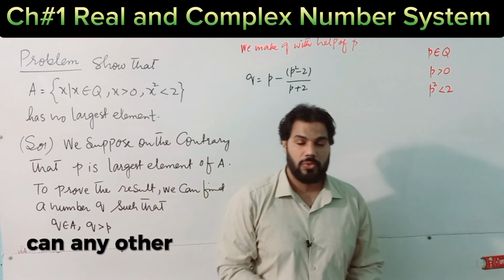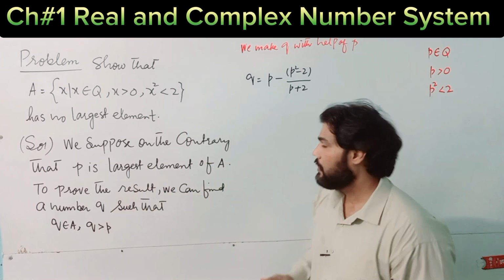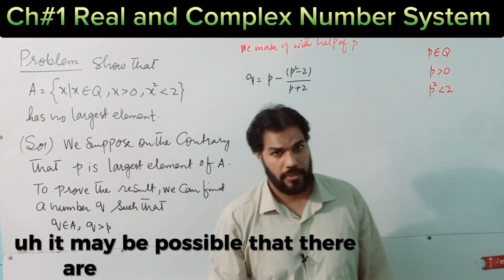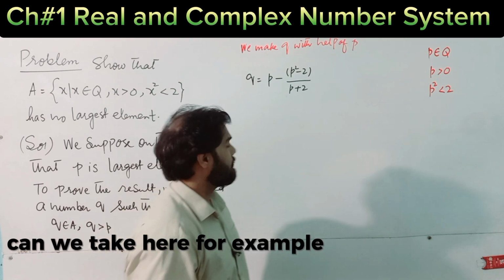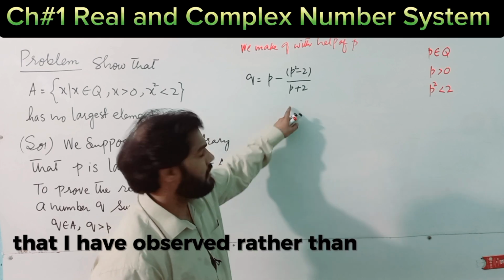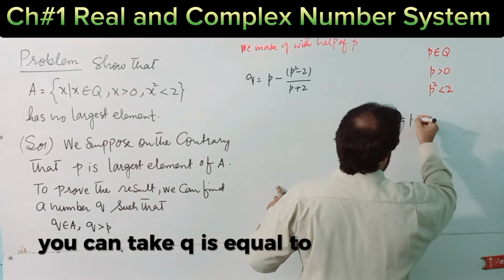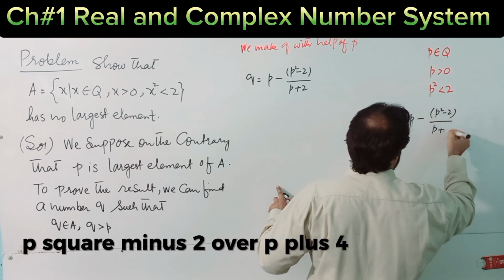Can any other value of Q work here? Yes, it may be possible that there are many values we can take here. For example, one of the values that I have observed, rather than this value, you can take Q equal to P minus (P square minus 2) over (P plus 4).